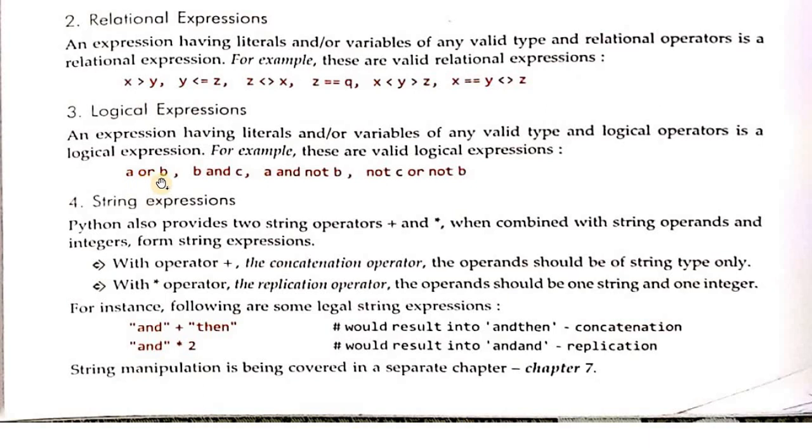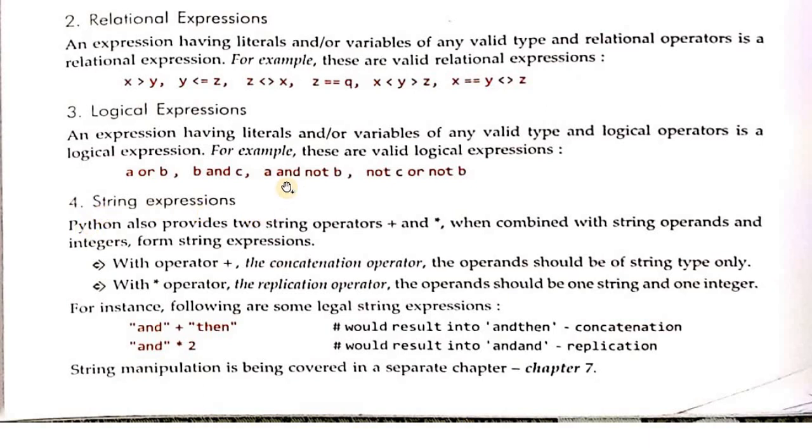Look at here, a or b, so only the or operator is used in this expression, so this is called a logical expression. Look at here, b and c, because and is a logical operator. Look at here, a and b, not b. Okay, not c or not b. So only logical operators are used in this, that's why it is called a logical expression.